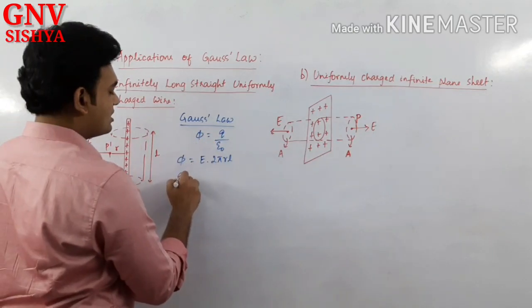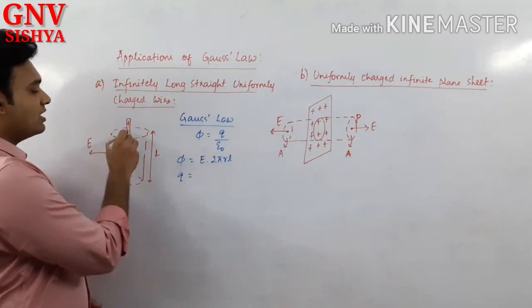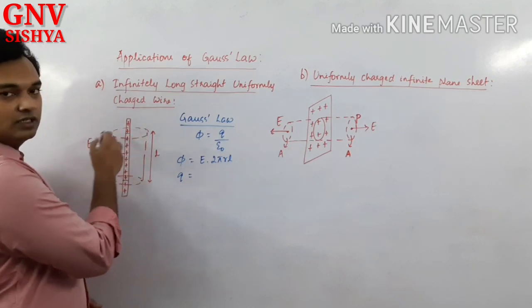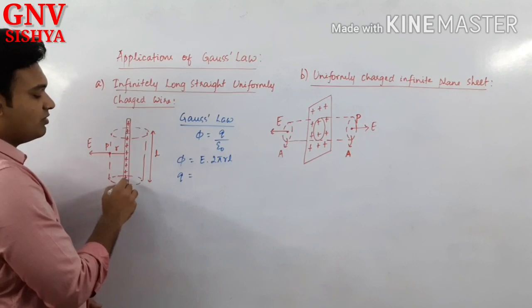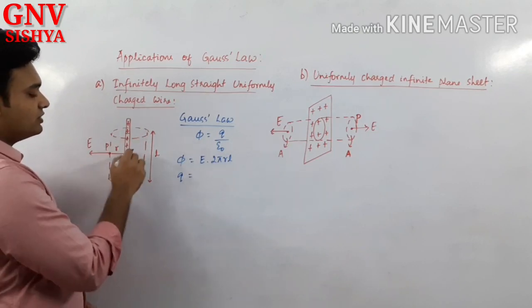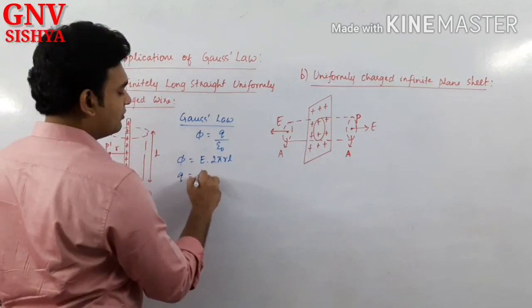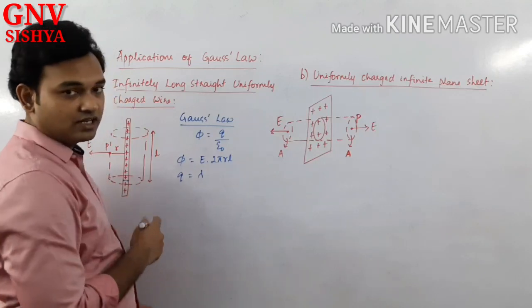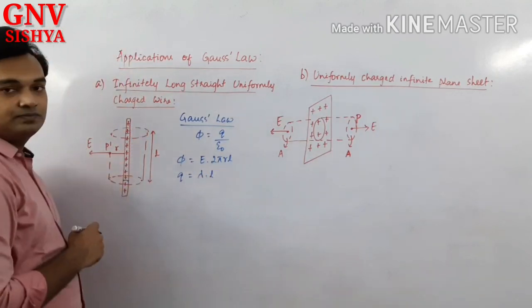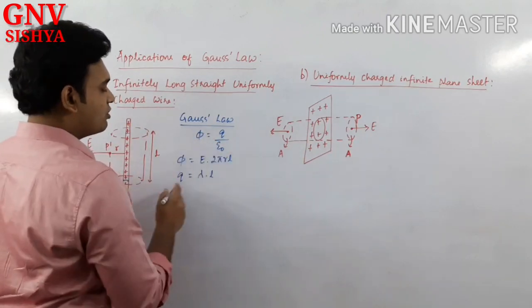And what about the charge enclosed? The charge enclosed will be the total amount of charge present from the top of the cylindrical Gaussian surface till the bottom of the cylindrical Gaussian surface. So that will be the total amount of charge for a length of L. We can take it as linear charge density multiplied by the length L. Now if you substitute this in Gauss's law, what do we get?